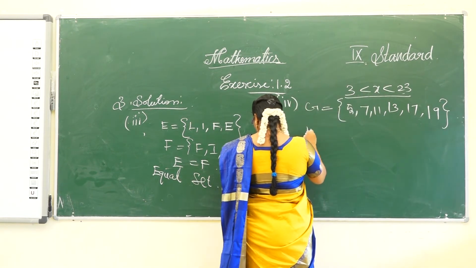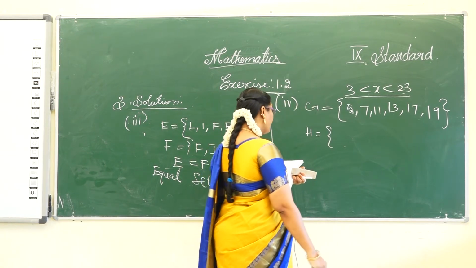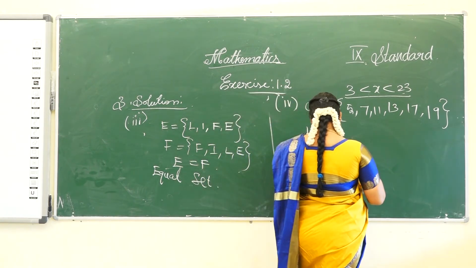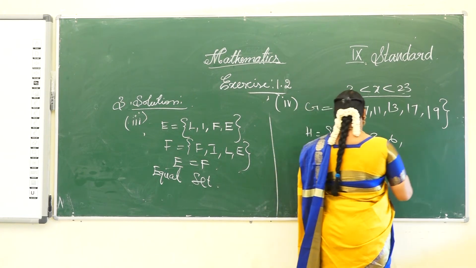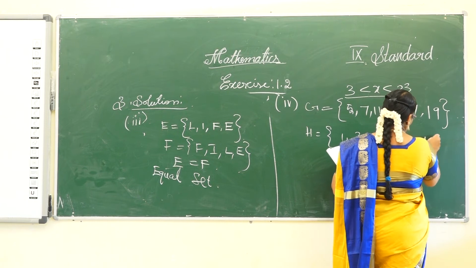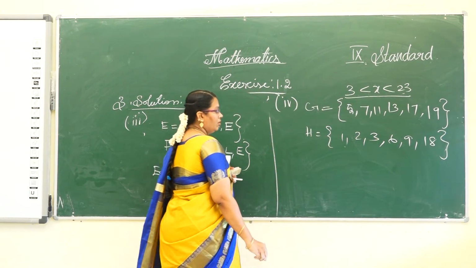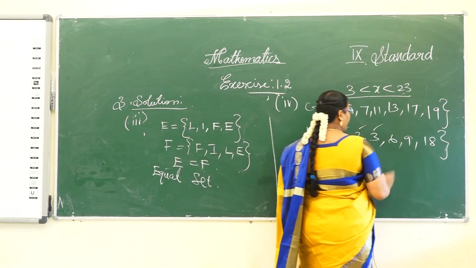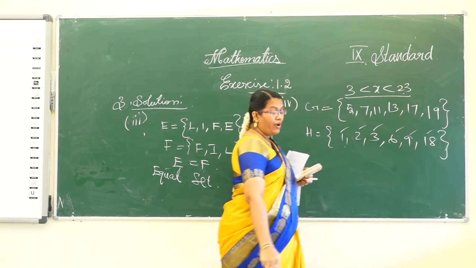And next H is equal to x such that x is a divisor of 18. What are the divisors of 18? 1, 2, 3, 6, 9, 18. These are all the divisors of 18. We can divide by 1, by 2, by 3, by 6, 9 and 18.